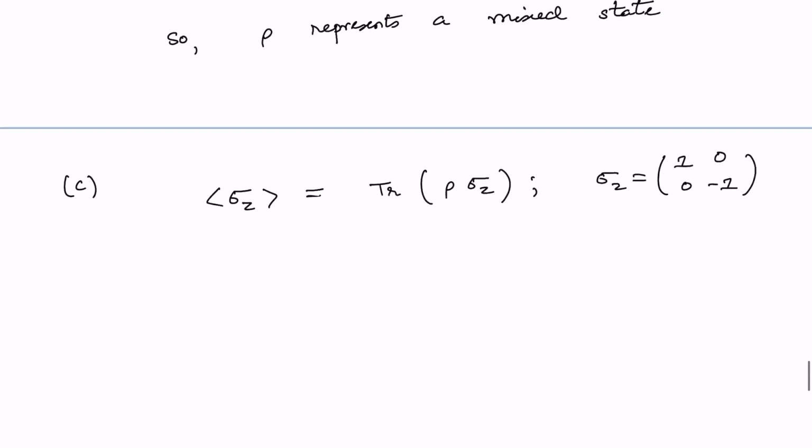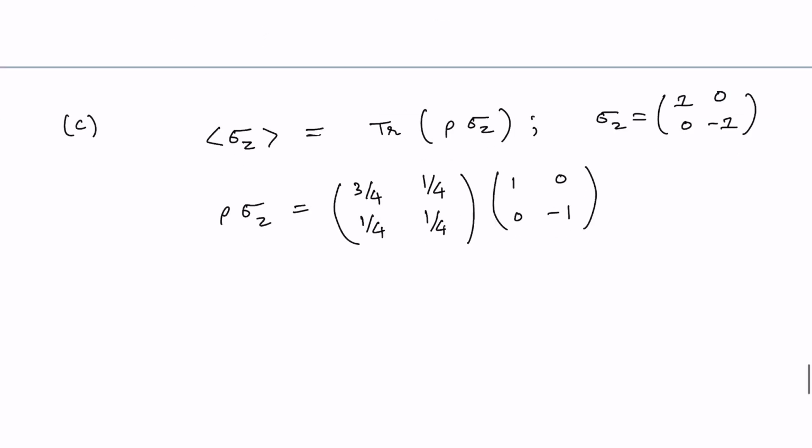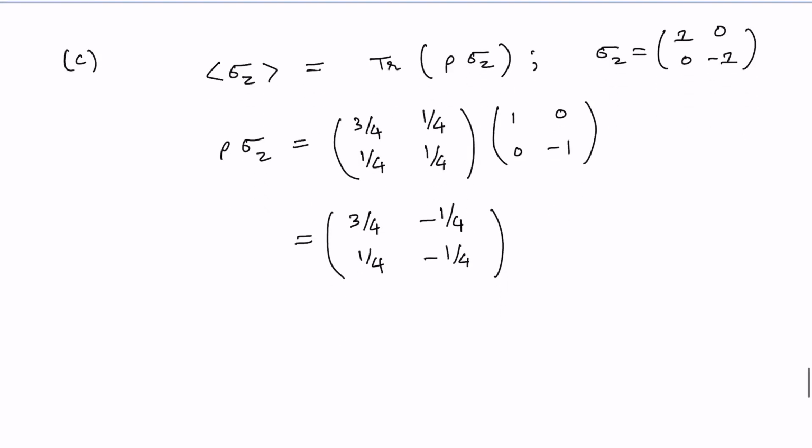If you take the multiplication of rho into sigma z, where rho is 3/4 1/4, 1/4 1/4, and sigma z is 1 0 0 minus 1, the product gives you 3/4 1/4 minus 1/4 1/4 minus 1/4. Now the trace of rho into sigma z is the sum of the diagonal elements, and this is your expectation value of sigma z, which is going to be 3/4 minus 1/4, and that is nothing but 1/2.